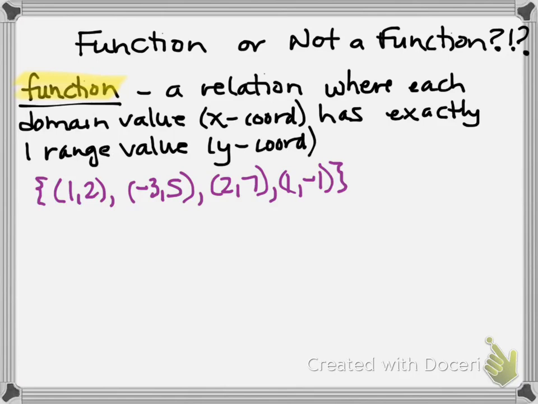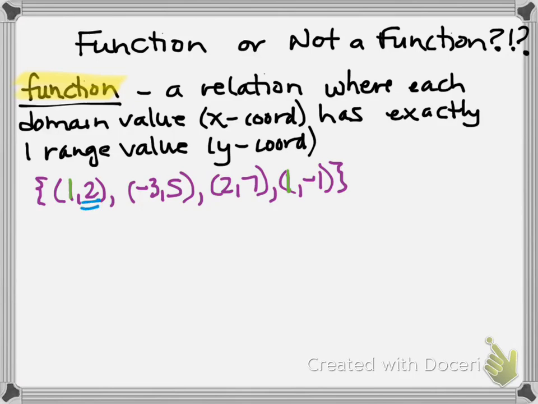So explain to me in detail why you say it doesn't meet the definition and therefore it can't be a function. Because there's a 1 in the first place and a 1 in the last coordinate. So 1 shows up in the domain twice, but what's the crucial part to the definition that says it's not a function? What are you saying, Talia?